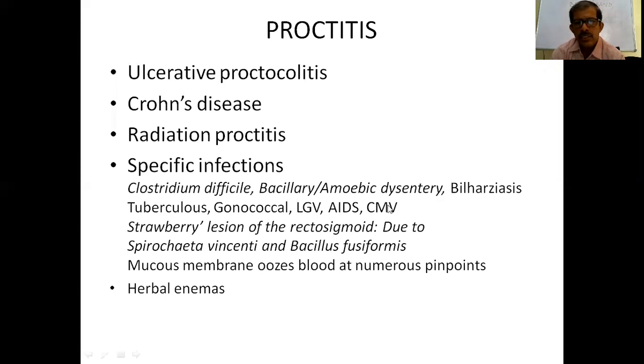It is diagnosed by multiple pinpoint oozes of blood from the mucous membrane. So very characteristic of this strawberry lesion. Then in some places there may be herbal enemas they give, particularly Ayurvedic, which are not without danger, they can result in proctitis.